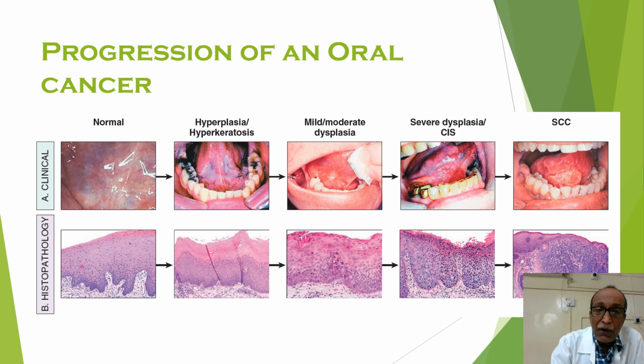So this is an important slide, and try to understand that cancer is a chronic process of assault by the etiological factors, that there is an interim period of dysplasia. There may be multiple factors responsible. Hence, we can modify these factors to get reverted to the normal epithelium.